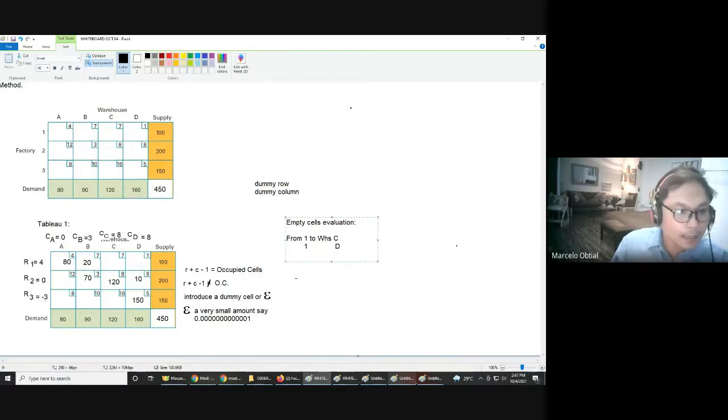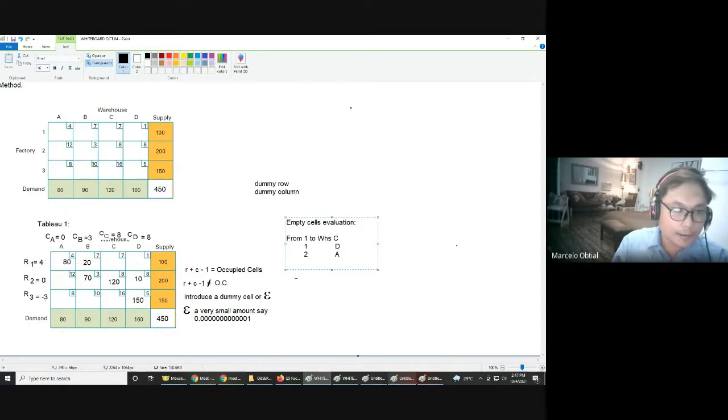Next, again, this is empty cell evaluation. You have factory 2 to warehouse A. Next, 3 more empty cells again.